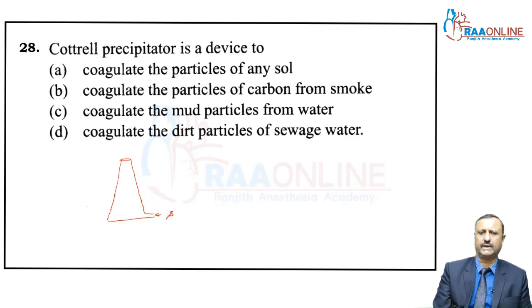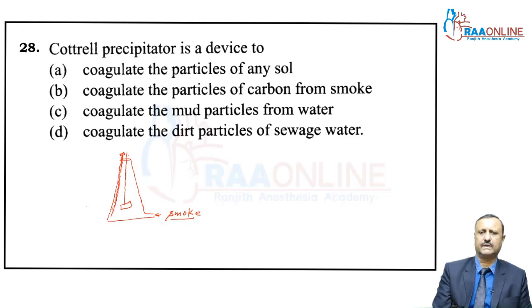Here this smoke comes, my dear students, from the factories, and here you can see this whole part is converted to oppositely charged electrodes. So, my dear students, when smoke comes, and here electrodes, one and another electrode, are placed.